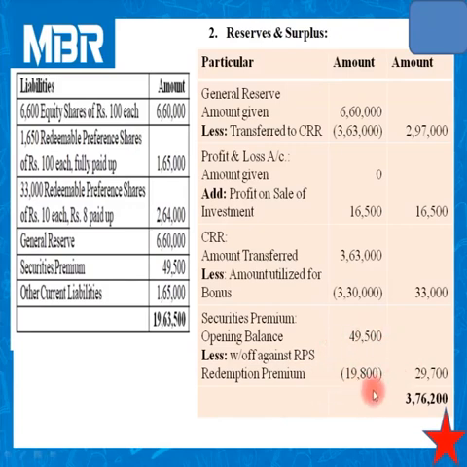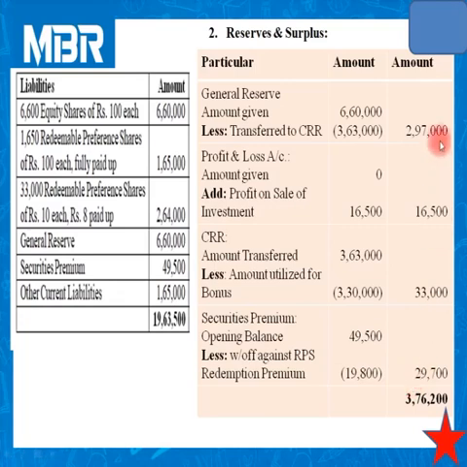We have already passed the journal entry, securities premium account debited to RPS redemption premium account. So 19,800 rupees deducted from these 49,500. So the balance amount of securities premium account is 29,700.